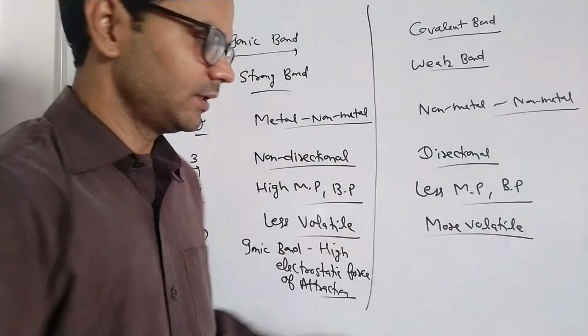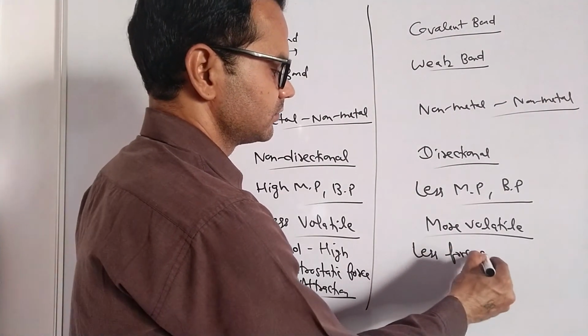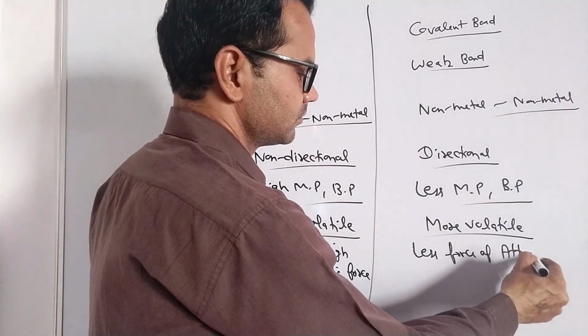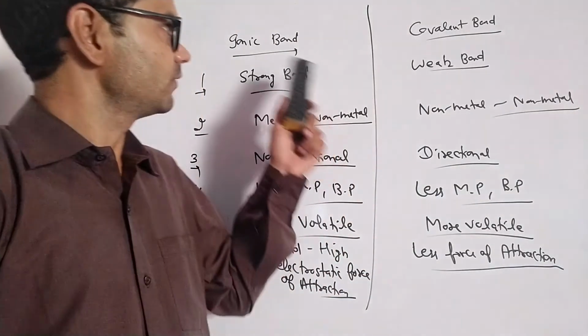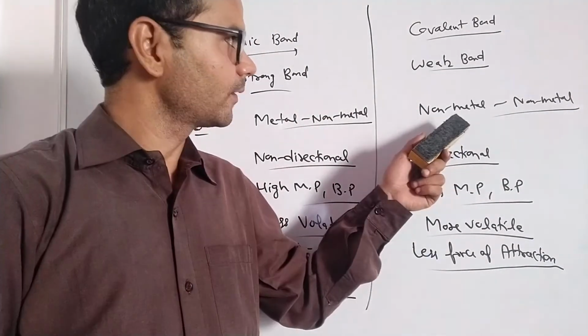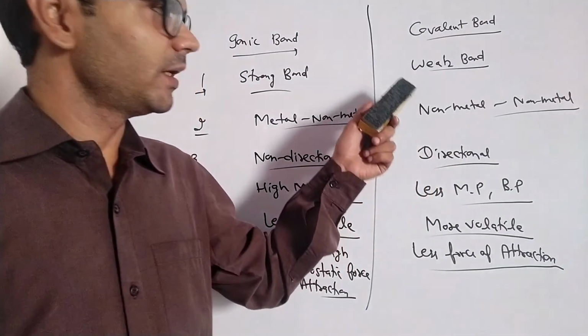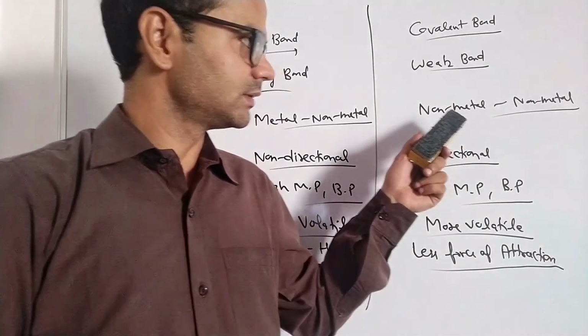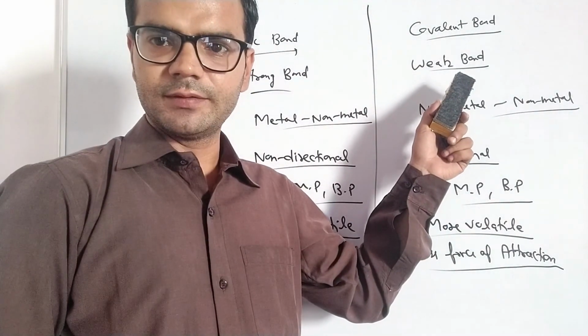And covalent bond: only a less force of attraction. These are a few differences between an ionic bond and a covalent bond. A covalent bond is a weak bond because it is formed by mutual sharing of electrons. That is the basic difference between an ionic bond and a covalent bond.